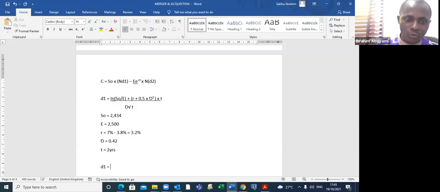So D1 is equal to, in open bracket, what is our S0? 2434 over E, 2500, plus open bracket, risk-free rate 0.032 plus 0.5 times 0.42 squared, because we need variance.